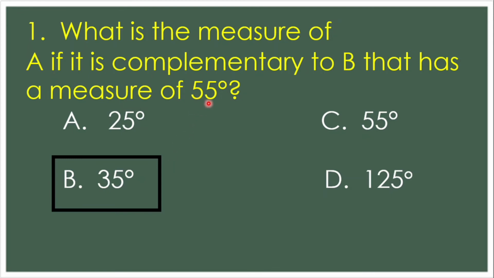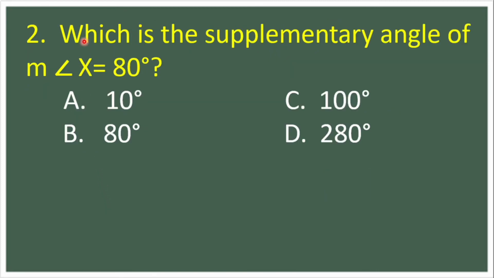So para maging 90, i-add mo yung 35. Number 2, which is the supplementary angle of angle X with a measure of 80 degrees? Okay, the answer is 100 degrees. Because supplementary angles have the sum of 180 degrees.